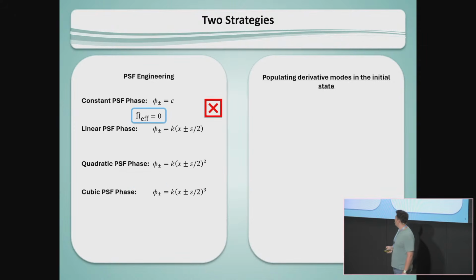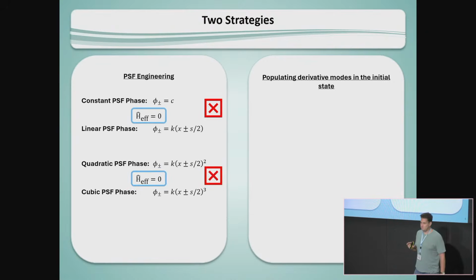But what we find is that if you do that, this effective Hamiltonian just vanishes. Same for the quadratic phase, by the way. So this explains already why, when people previously tried to implement highly non-classical states in the initial state, they still were unable to obtain this Heisenberg scaling, this quantum enhancement.